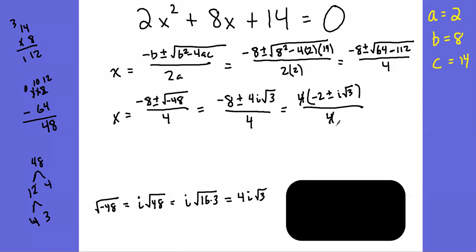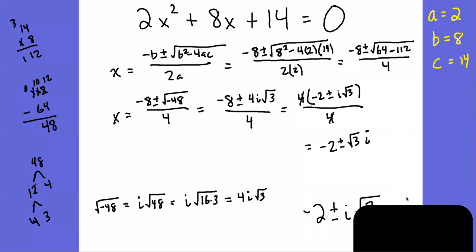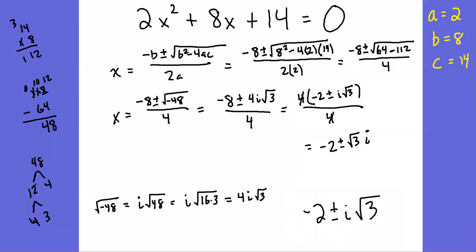Now I can cancel these out, and my final answer is negative 2 plus or minus i root 3, or if you prefer, you can also write this as negative 2 plus or minus root 3 i. And that is how you solve a quadratic equation with complex solutions by using the quadratic formula.